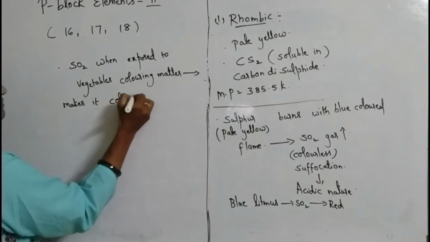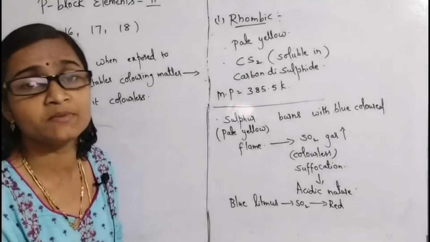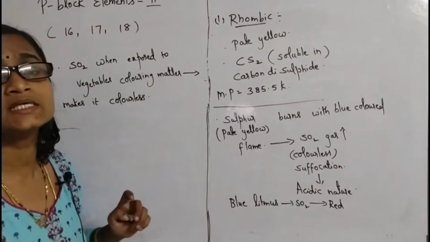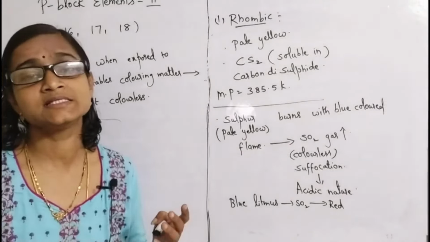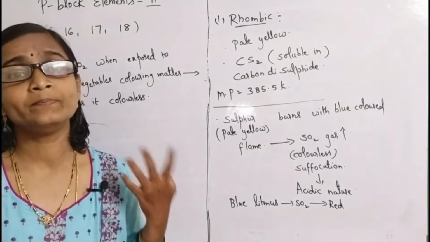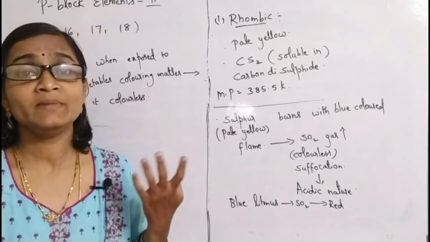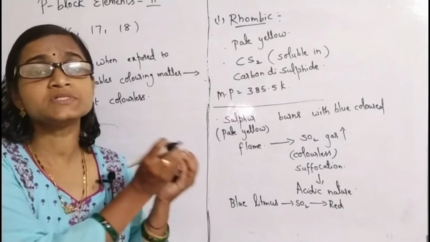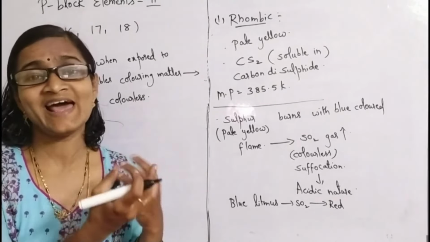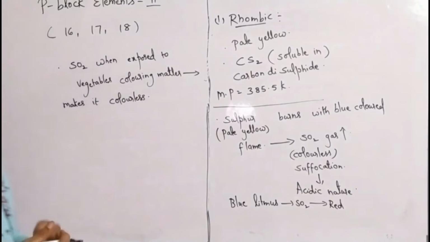Because it acts as a good dehydrating agent. Please remember that point also. When colored flowers like a red rose or yellow rose, or colored vegetables like carrots and beetroots, are exposed to sulfur dioxide, the color of that carrot or beetroot will fade away.